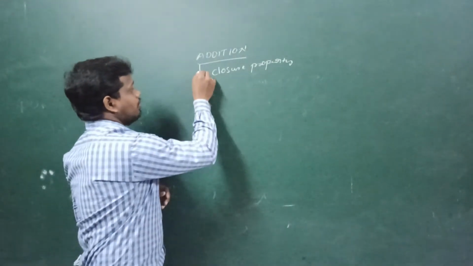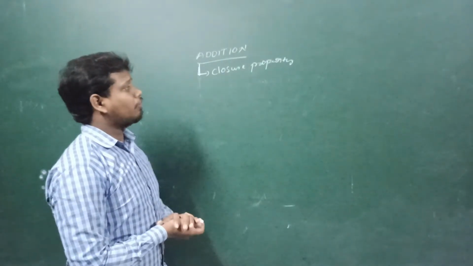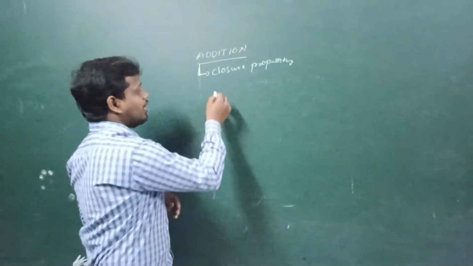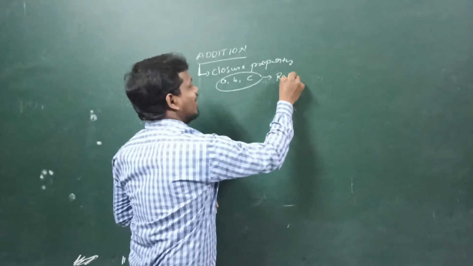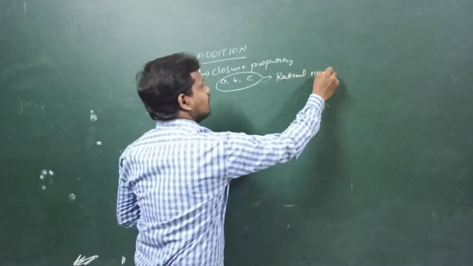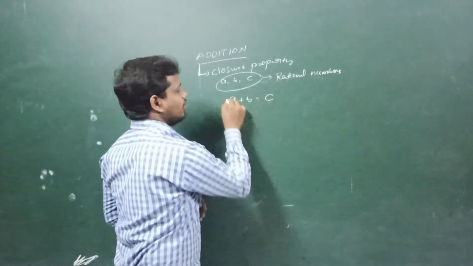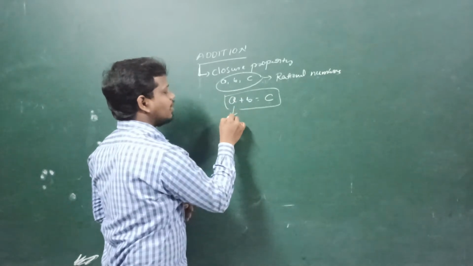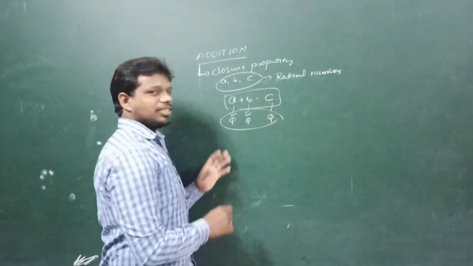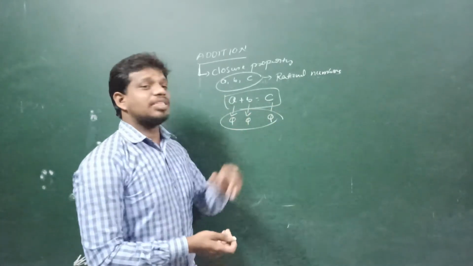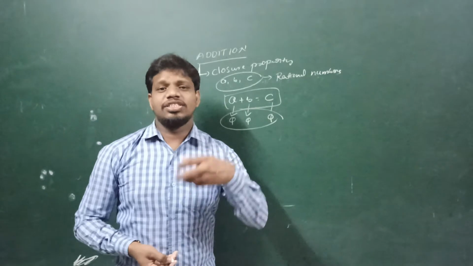So here the definition of closure property under addition is, for example, if a, b, c are three rational numbers, here a is a rational number and b is also a rational number and c is also a rational number, then we can say the rational numbers satisfy the closure property under addition.